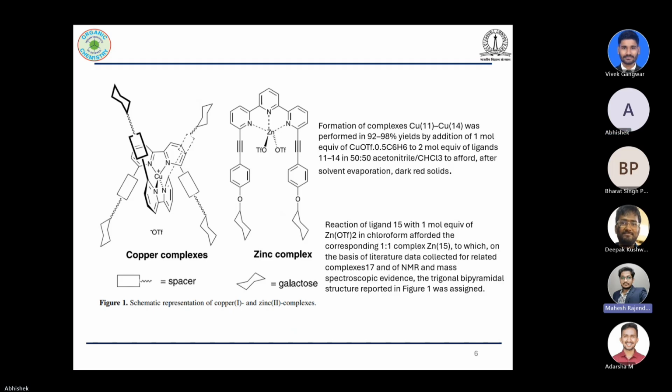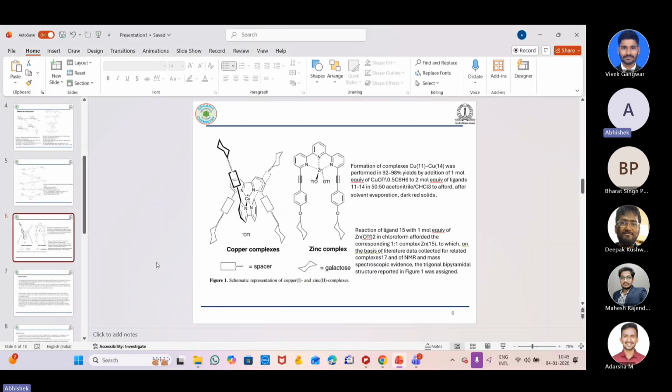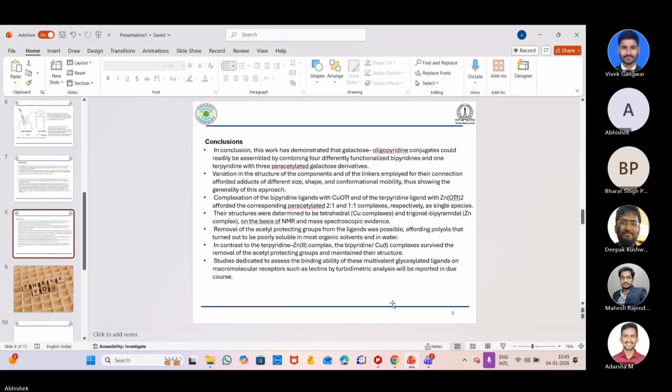So there is no interaction, no application with this compound. They mention ligand binding study, but they didn't study it in this paper. They didn't go for the glycosylated ligand on this molecule.